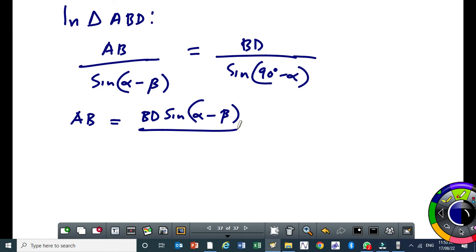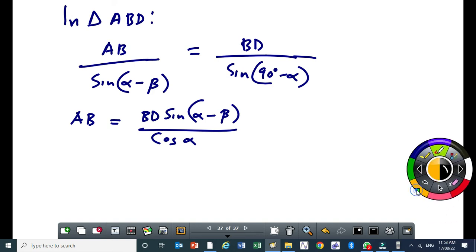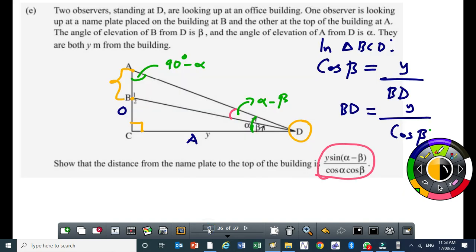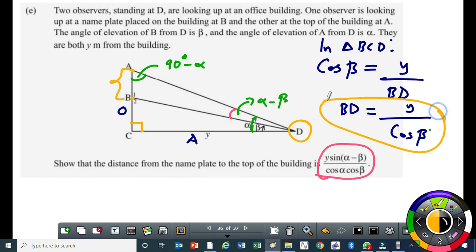Now, sine 90 minus alpha is the same as cos alpha from your reduction formula. Are you following that? But I don't need this BD here. But the good thing is, from the previous page, I've got a formula for BD. I've made BD the subject.